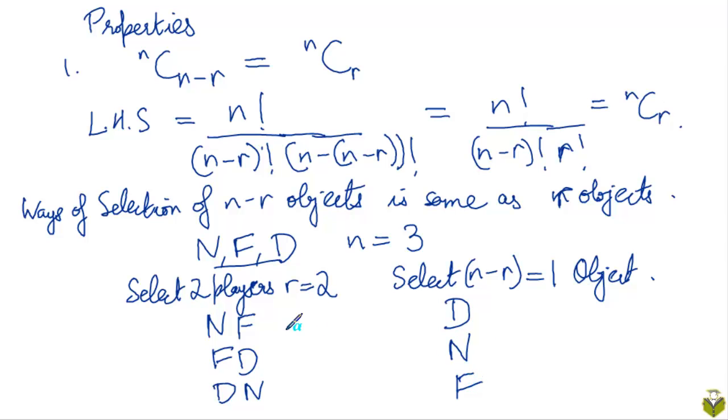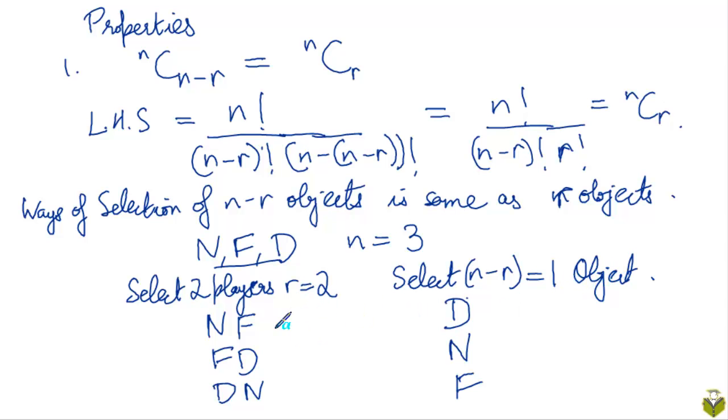So actually, whenever I select two objects, I am also getting all the selections for just one object, because there are three objects. I select two objects and one is remaining, and whatever I don't select is also a selection for one object. So NF is selected for two objects simultaneously. D is selected as a choice for one object.